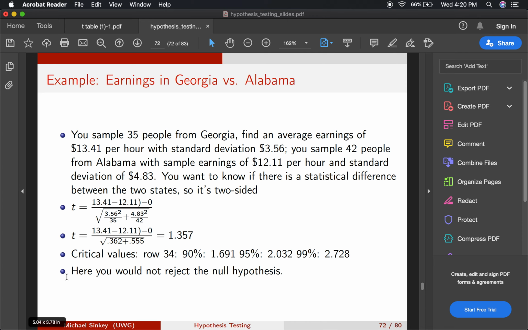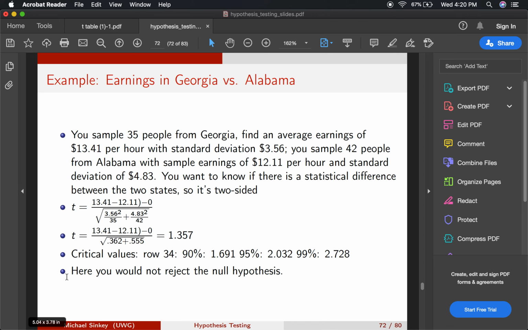And it's not obvious that it is, because there's quite a bit of dispersion in Georgia. The standard deviation in Georgia is $3.50, and the standard deviation in Alabama is $4.83. So there are plenty of instances where individuals in Georgia earned less than individuals in Alabama within the dispersion of our different data sets.